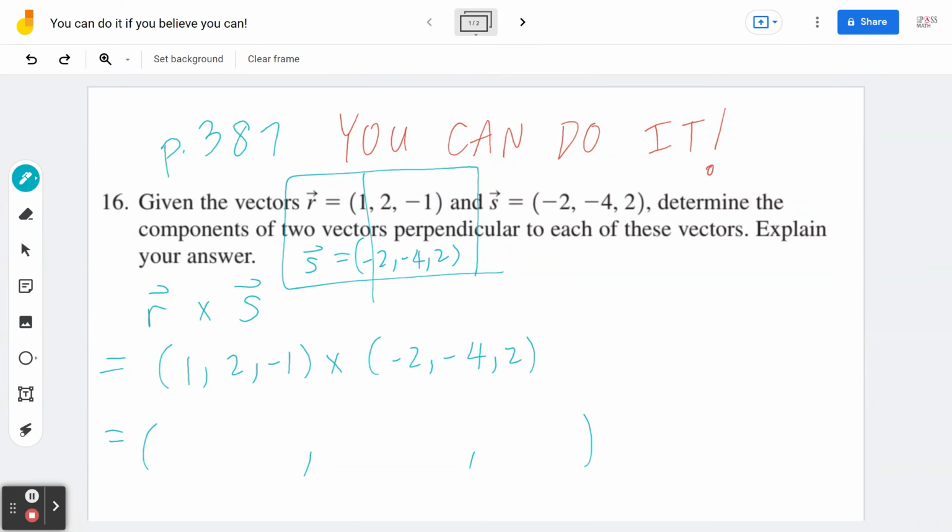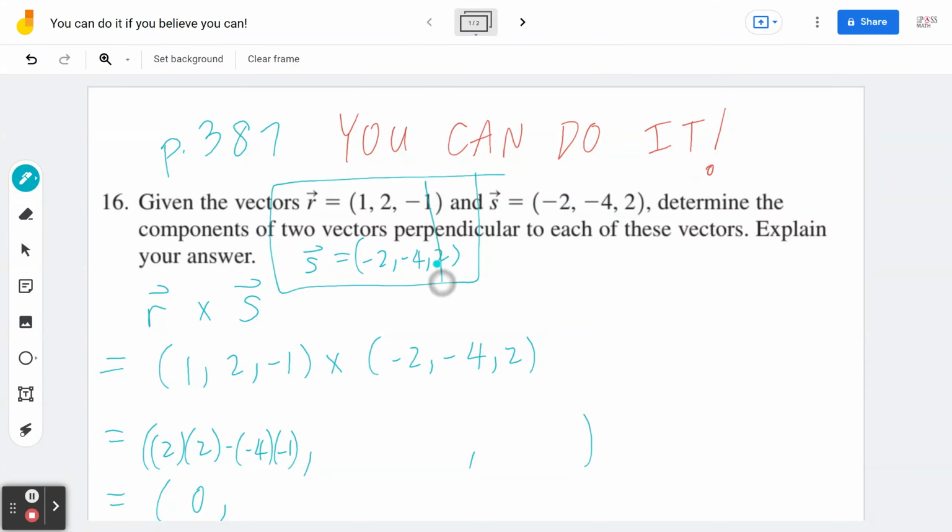So I'm going to go back. The first component is going to be 2 times 2 minus negative 4 times negative 1. And of course, that's going to be 4 minus 4, which is going to be 0. If you look at the last component, again, you cover this column.